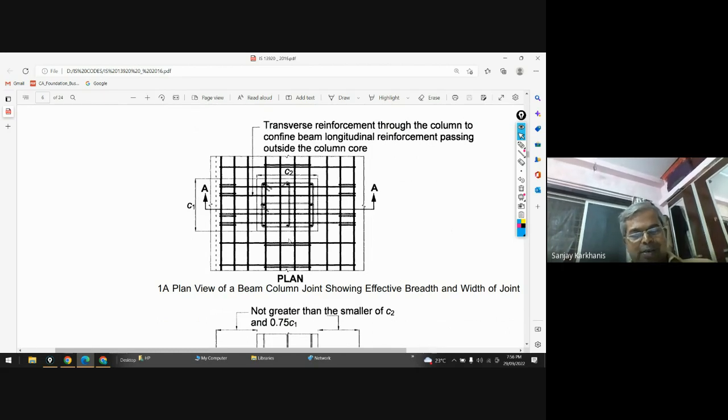So the joint becomes overcrowded, and during construction you will not be able to pour the concrete, right?